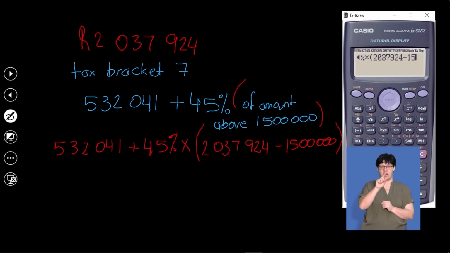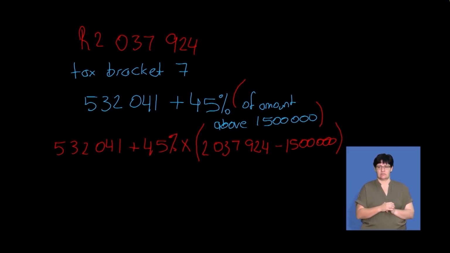When I do my 1.5 million, I've got to be careful that I get the correct number of zeros. So it should be another 3. So let me just check that again. So I've got 1,500, I do need another 0. Okay, close the brackets, and I get an answer of 774,106.8.